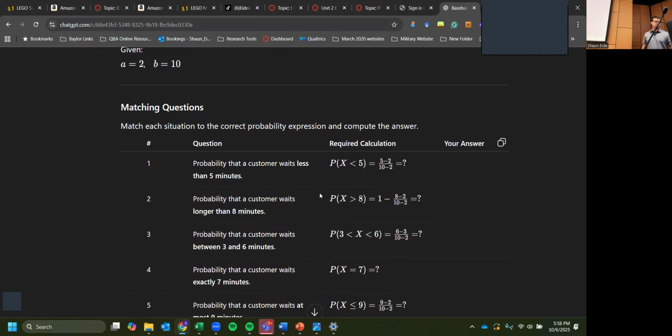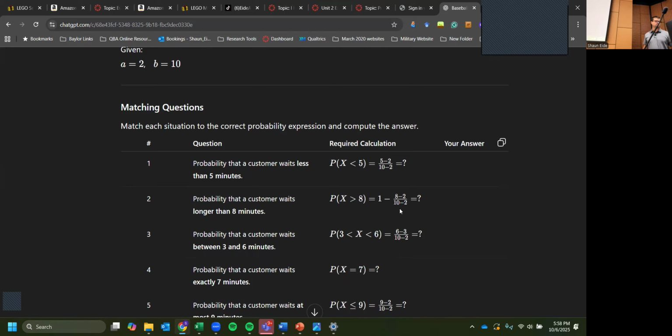Okay. What's the probability that a customer will wait longer than 8 minutes? They messed up again. You see how they messed up again? It's not supposed to say 8 minus 2. It's supposed to say 10 minus 8. So 10 minus 8 over 10 minus 2.